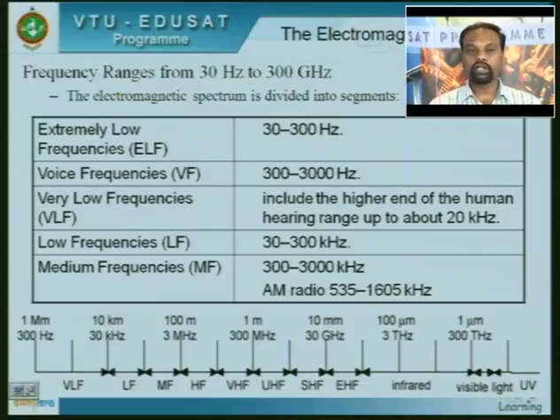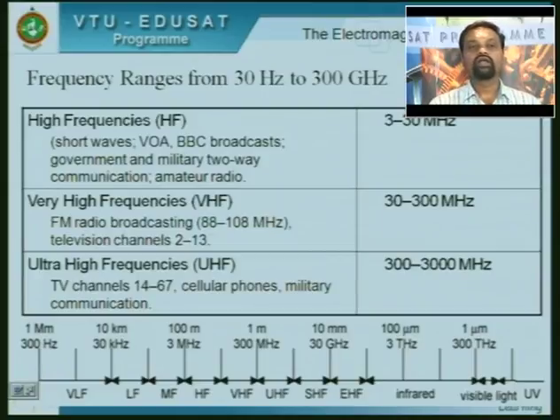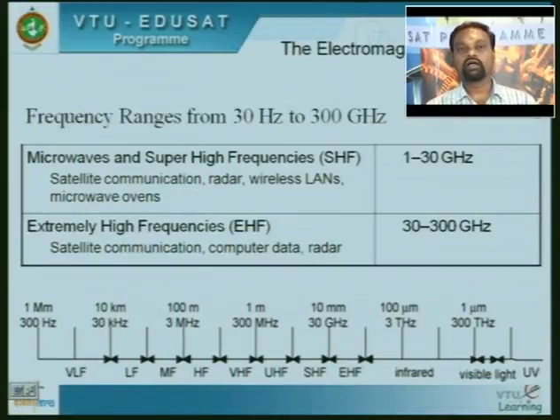Second, the FM radio operates at 88 megahertz to 108 megahertz. Plus, cellular phones, that is mobile phones, operate at 300 megahertz to 3000 megahertz. And lastly, wireless LANs operate at 1 gigahertz to 30 gigahertz. That is what the electromagnetic spectrum is.